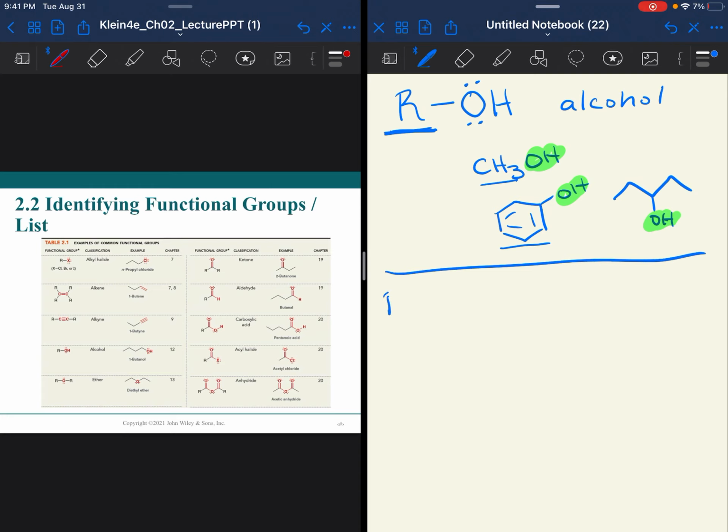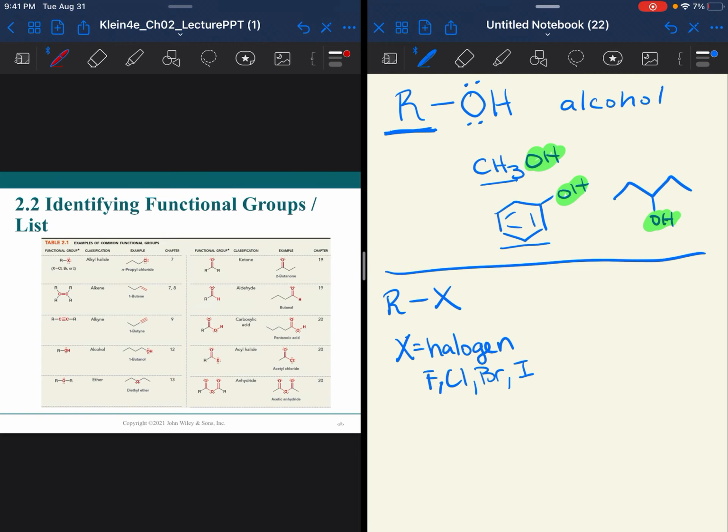Alcohol. We also have something called an alkyl halide. Now, this brings in another abbreviation. That's why I didn't want to start with it. R is the organic part. X is going to be a halogen. So this could be fluorine, chlorine, bromine, or iodine.